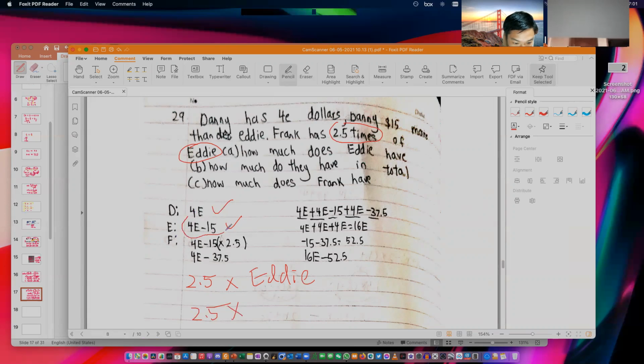AD is this one, right? So I just write AD with a bracket. How come you put the 2.5 behind? Can you read the statement 2.5 times of AD? So 2.5 of AD, that means this is the math, right?